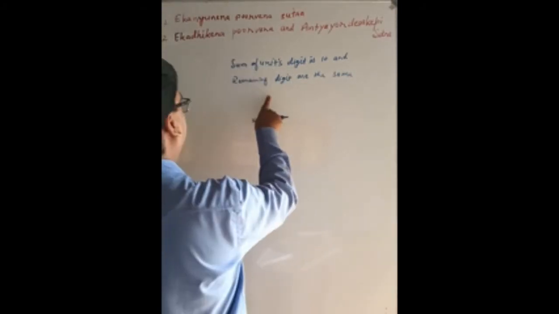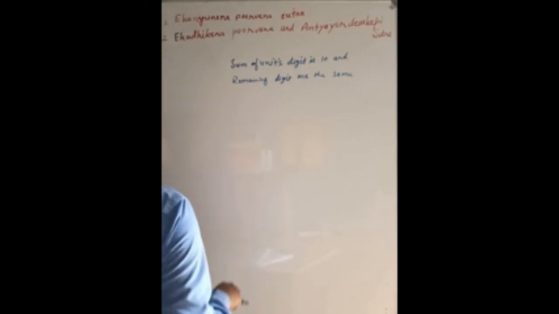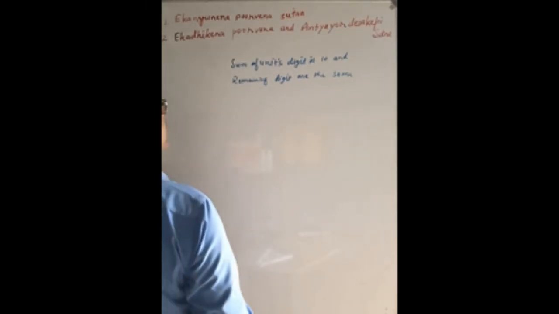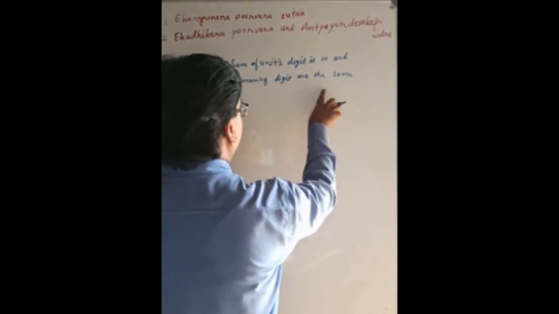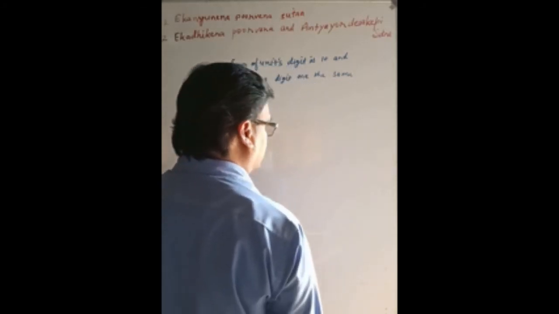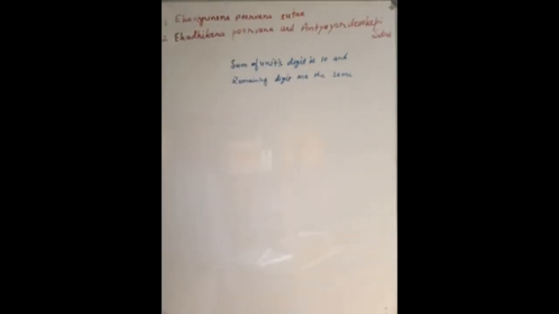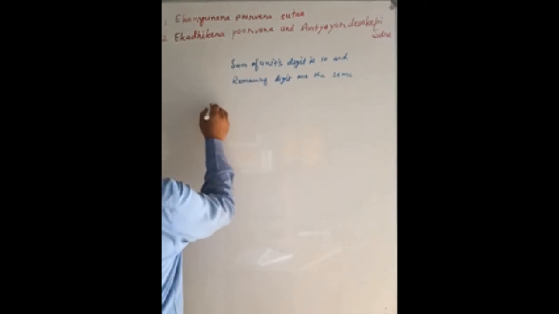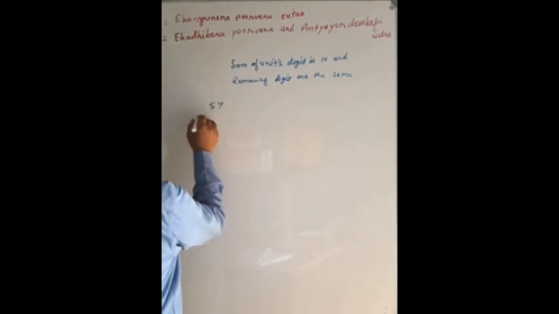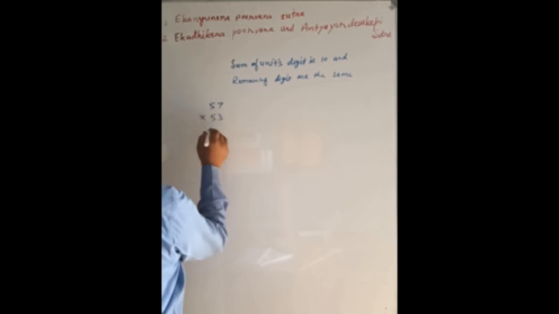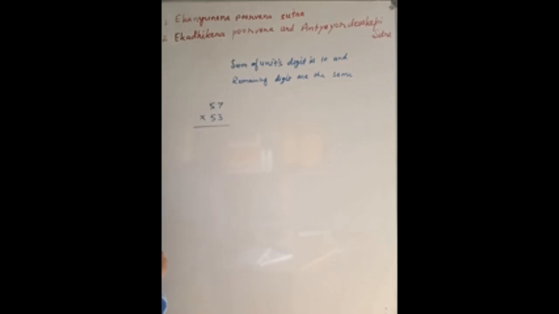There are two necessary conditions. First condition is the sum of unit digits is 10, and second is the remaining digits are the same. We take one example: 57 multiplied by 53. Now check the necessary conditions.